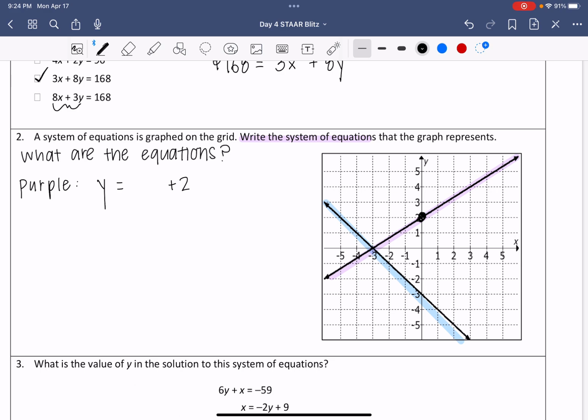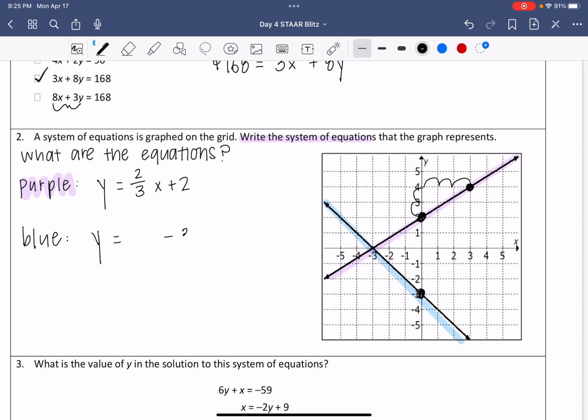But now we need to figure out the slope. Okay, so I just find another point. I rise 2, so 2. And I run 3. So the equation of the purple line is 2/3x plus 2. My blue line has a y-intercept of -3.